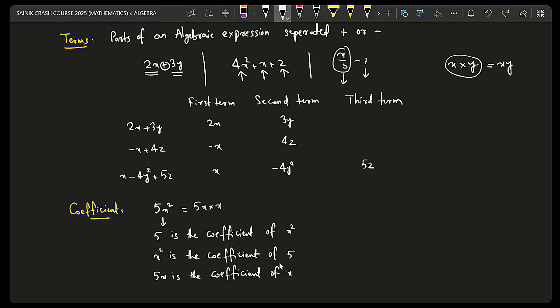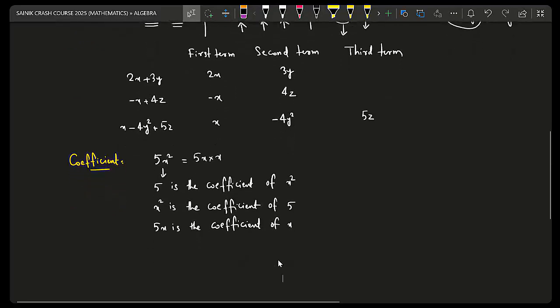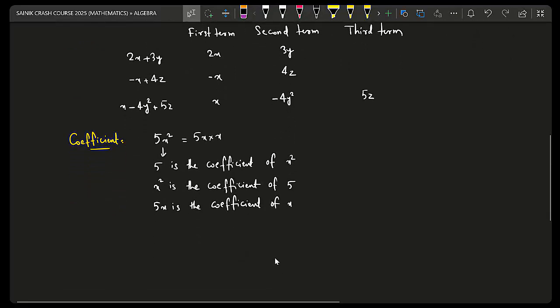That means, for coefficient you can just remember one thing: you try to express the given term as a product of one or more factors. One factor is called the coefficient of another factor. We can also call x the coefficient of 5x.